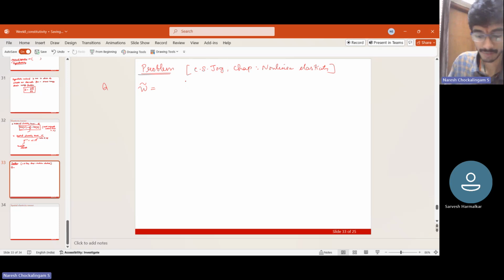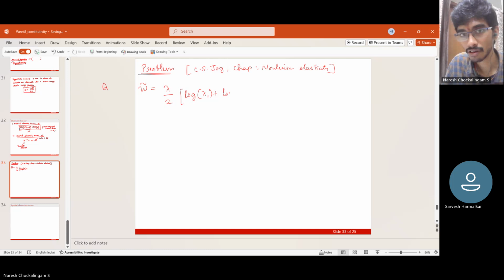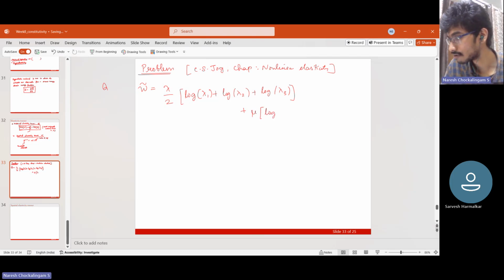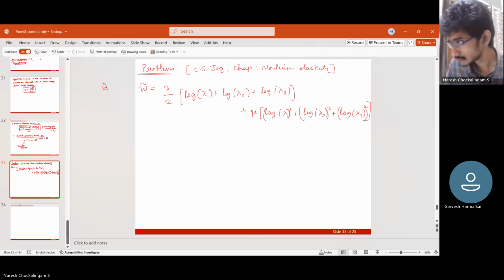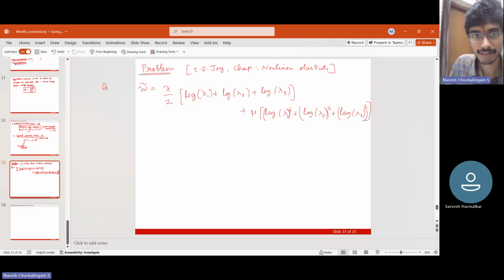The stored energy function for a material is given as lambda by 2, lambda is a constant, times log of lambda 1 plus log of lambda 2 plus log of lambda 3, the whole square, plus mu times log of lambda 1 squared plus log of lambda 2 squared plus log of lambda 3 squared.